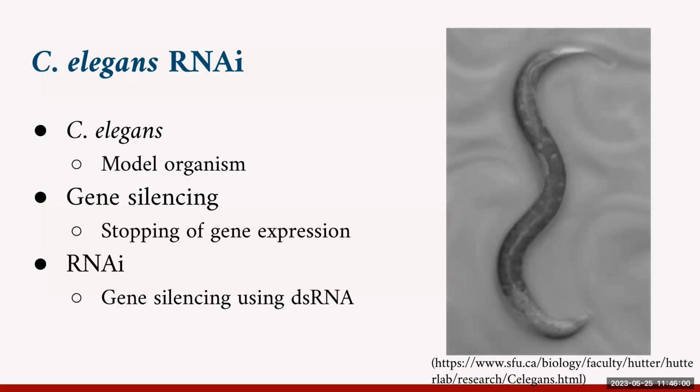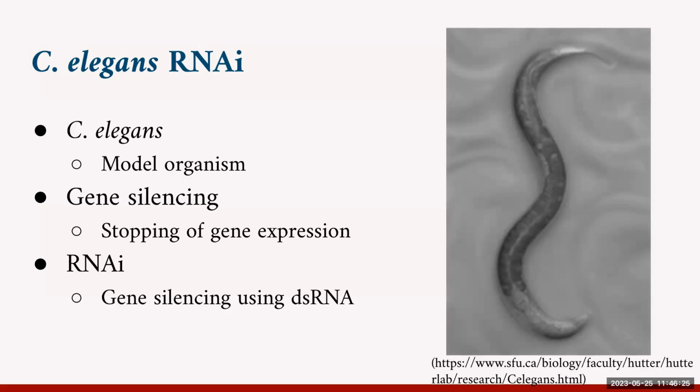So we were using them to study gene expression, like we were talking about earlier, the whole DNA gets transcribed into RNA, gets translated into protein. Specifically, we wanted to study how you can discover the effect and purpose of a gene by silencing the gene. You turn it off, and then see what happens to the worm.